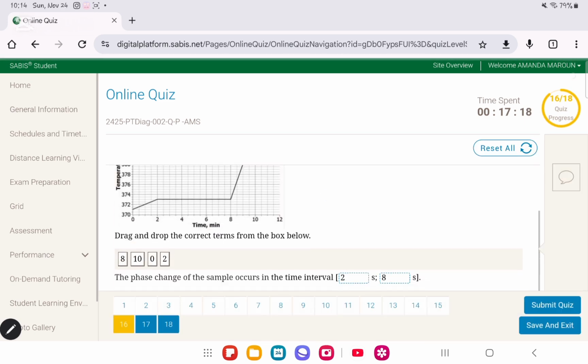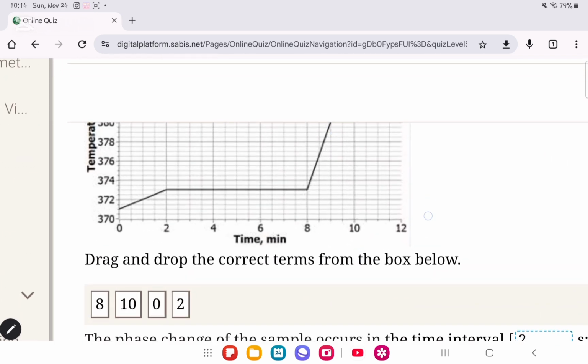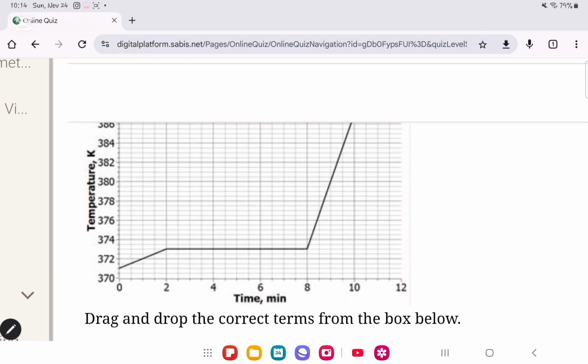Actually, let me explain more. Phase change occurs only when it is flat. So what's happening over here? The kinetic energy is increasing. That means the temperature is increasing, since kinetic energy and temperature are directly proportional. But the potential energy stays the same. That means we have only one state. So let's say solid.